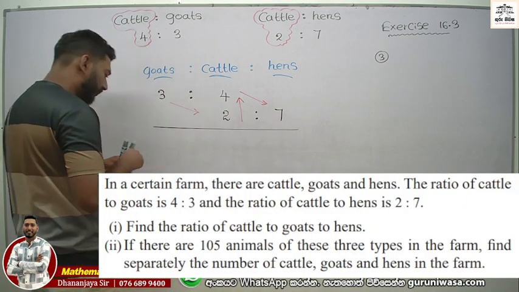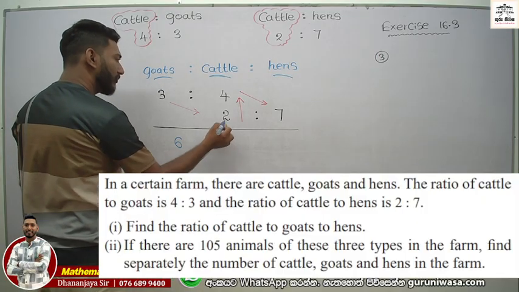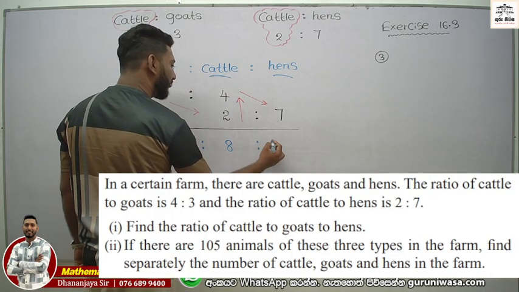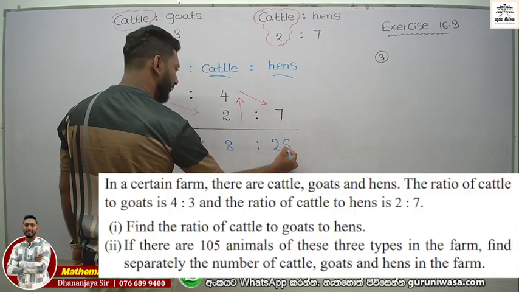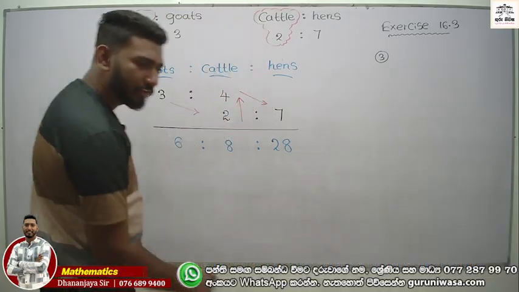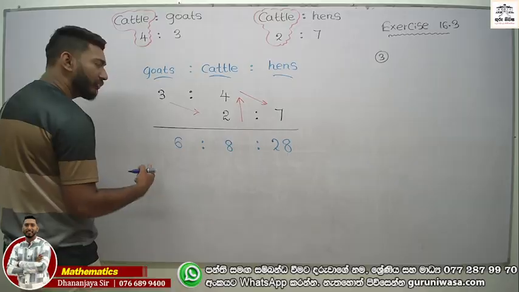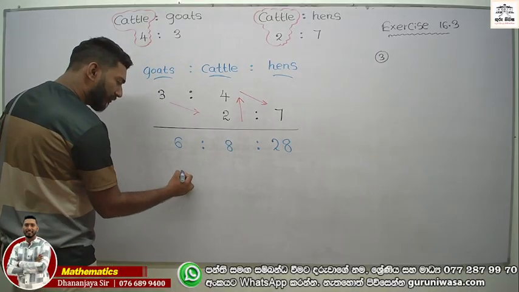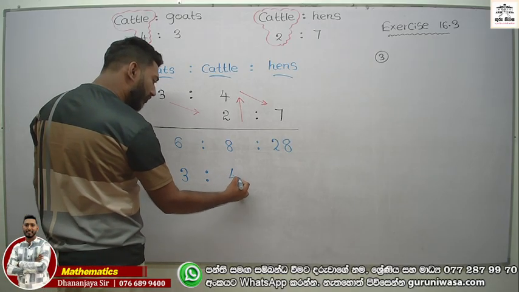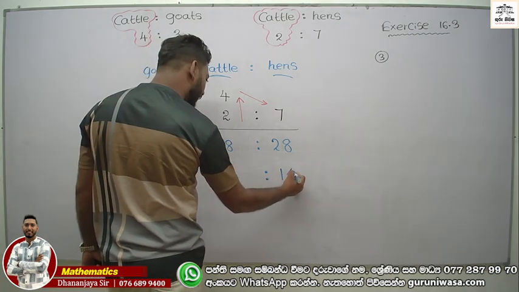Now, 3 times 2 is 6. 2 times 4 is 8. And 4 times 7 is 28. Now listen, you can simplify this one. 6 and 8 and 28, all can be divided by 2. Therefore, 2 times 3, 2 times 4, and 2 times 14.